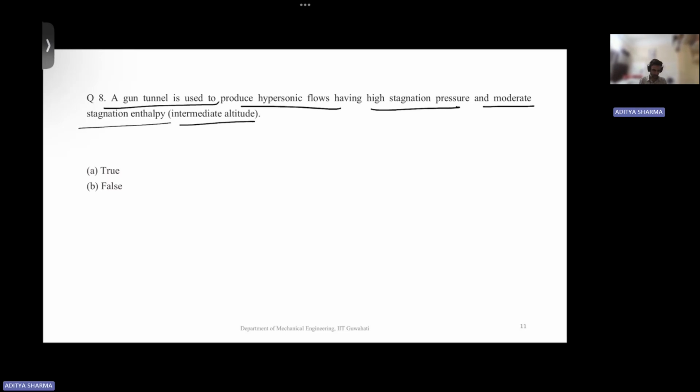Gun tunnels are used to produce hypersonic flows. So this is a true statement related to your gun tunnels.